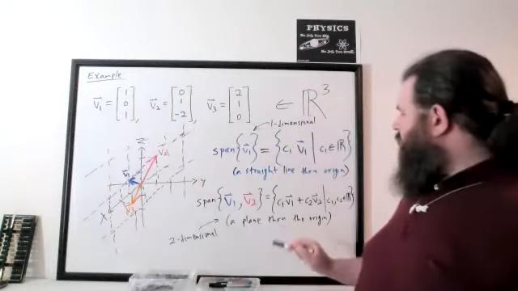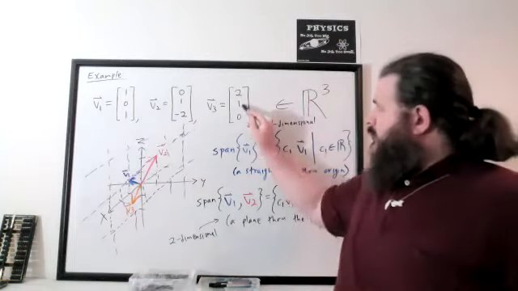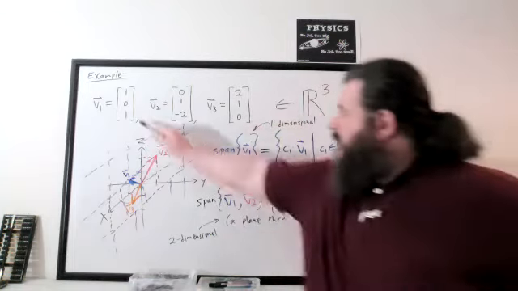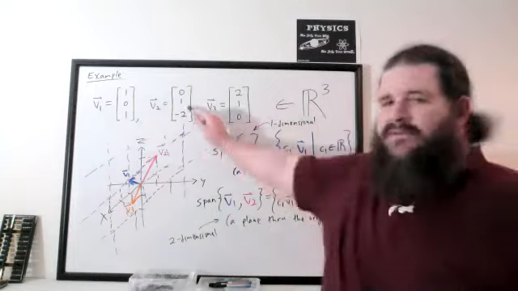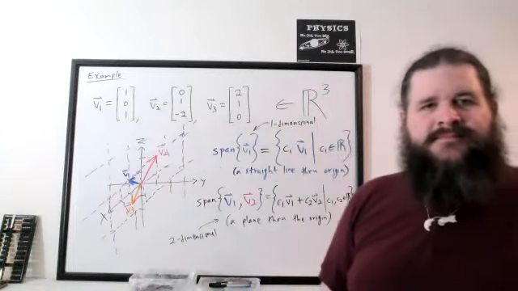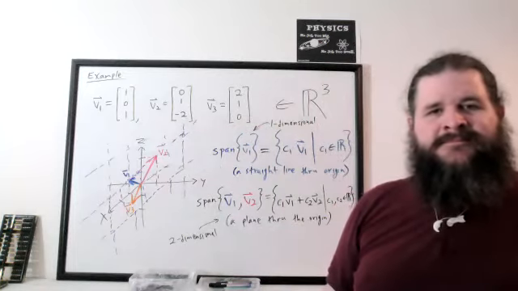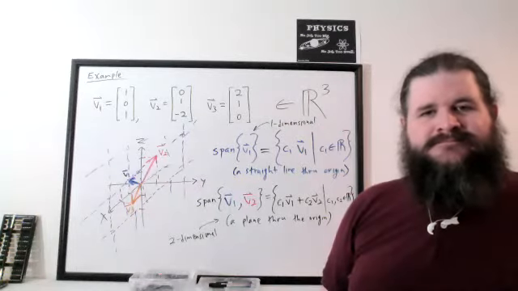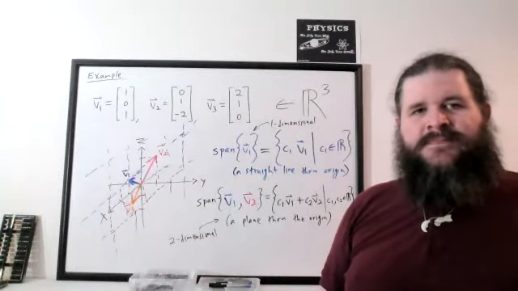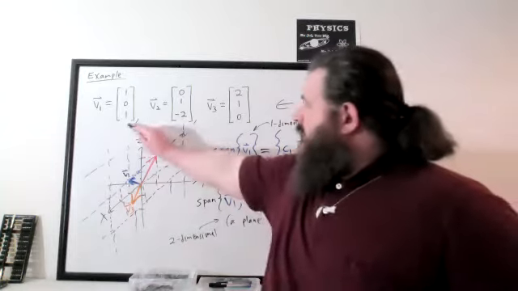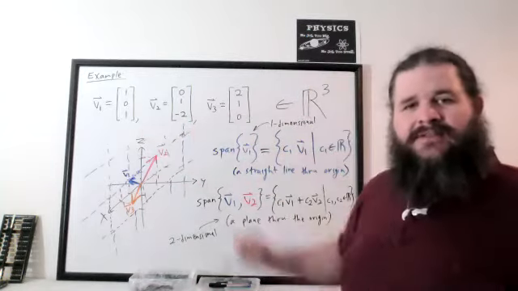Specifically, can you see a way to build v3, 2, 1, 0, using something times v1 plus something times v2? Is there any way you can add something times v1 plus something times v2 to get v3?